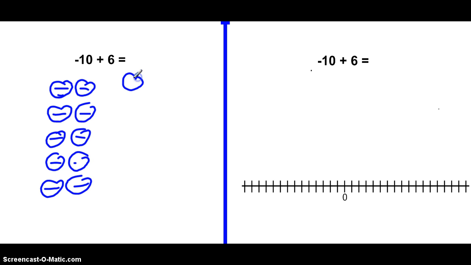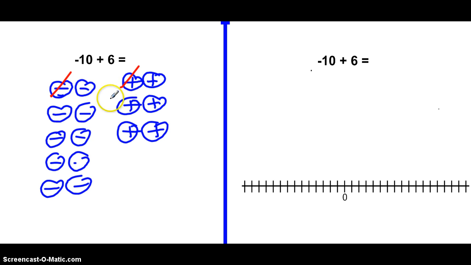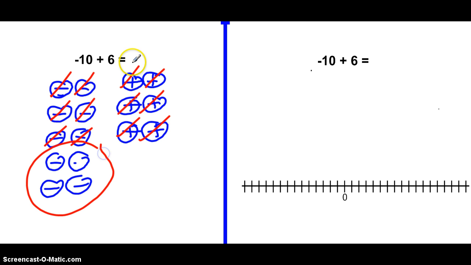And we are adding positive 6, so we need 6 positive chips. Okay, now hopefully you recognize by now right away we got to cancel out these 0 pairs. Okay, so we're going one at a time, canceling out 1 positive and 1 negative, since those are making 0. And what's left here? Negative 4.